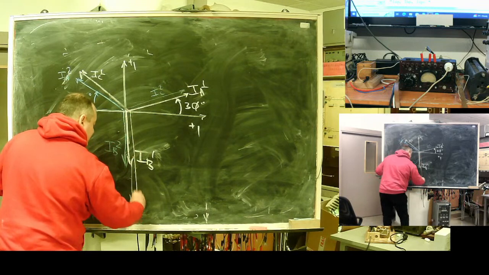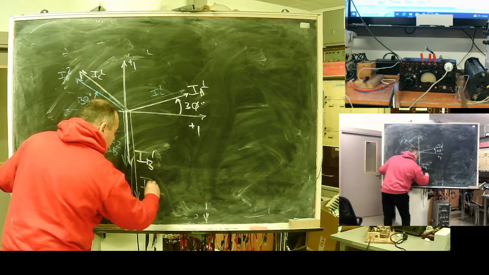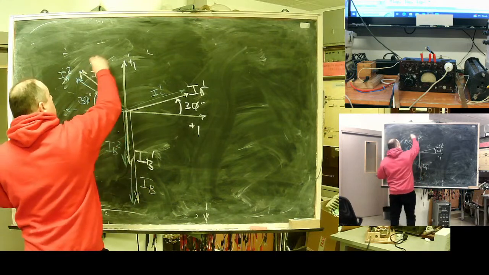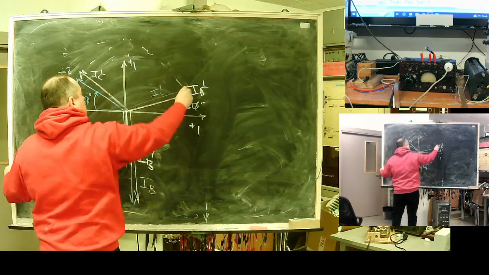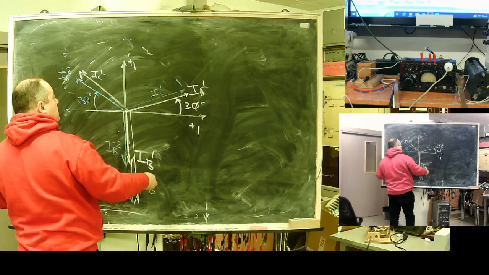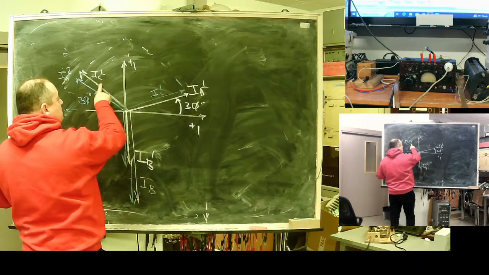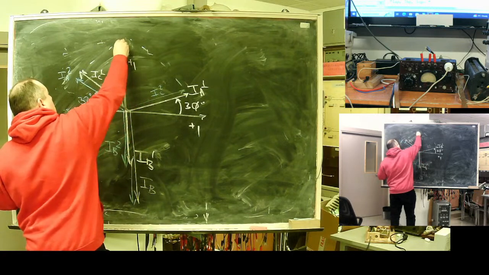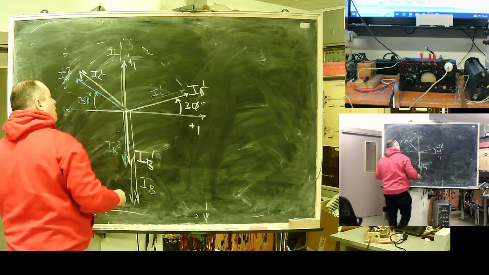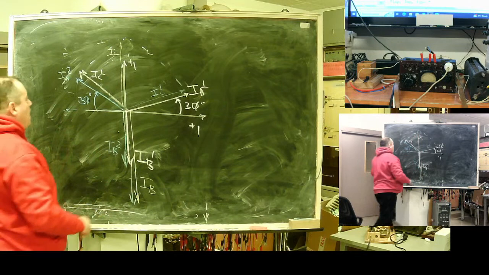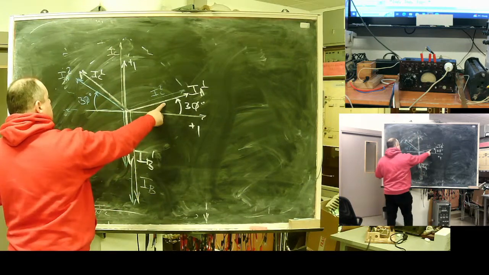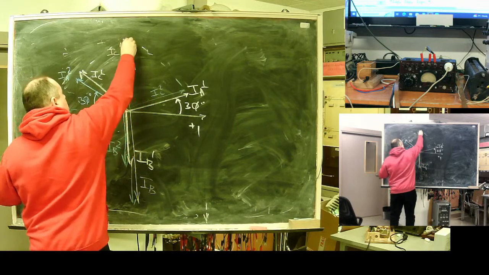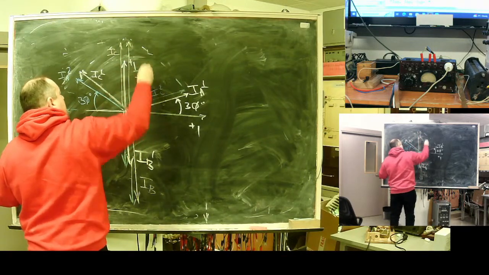We will get double B phase, and here I will have this plus this gives me the current of the C phase, and this plus this will produce something like the A phase current.